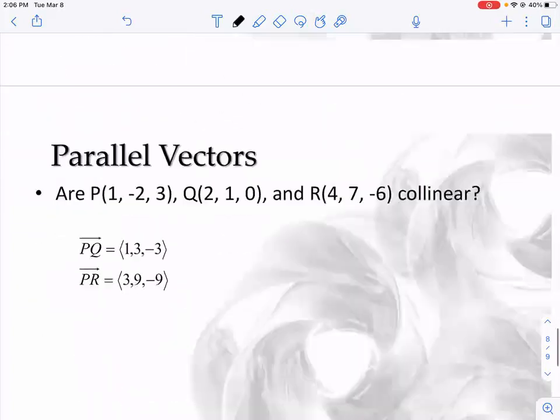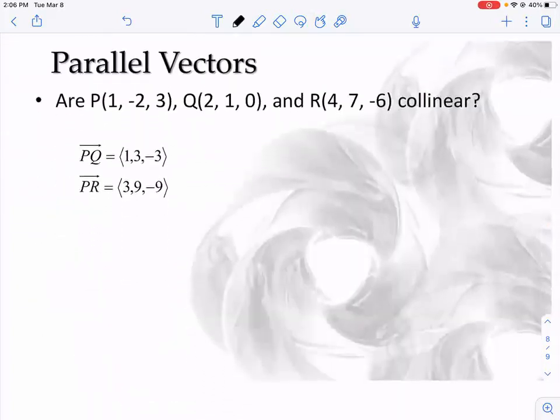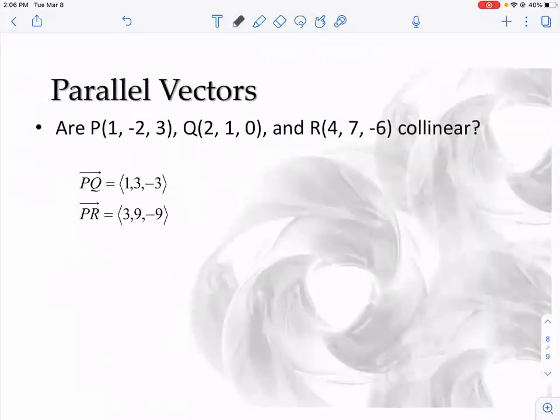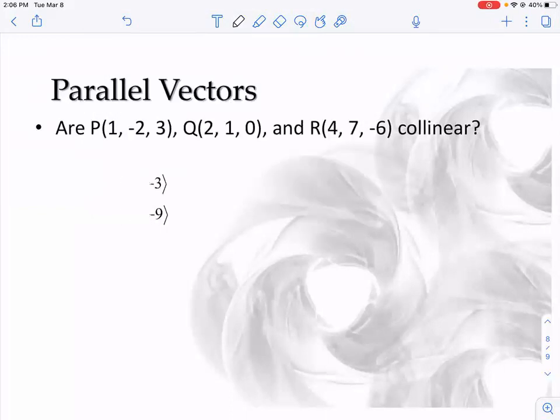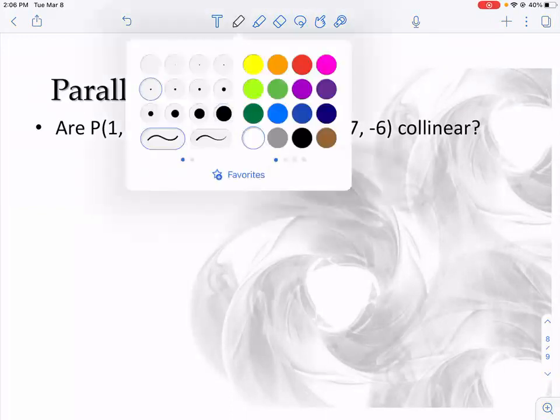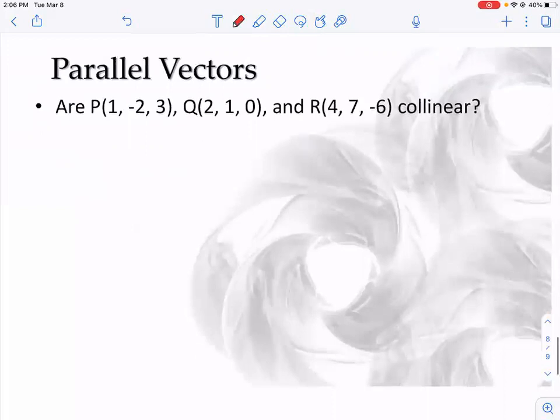Okay. So we're going to use this concept of parallel vectors to show if 3 points are collinear.